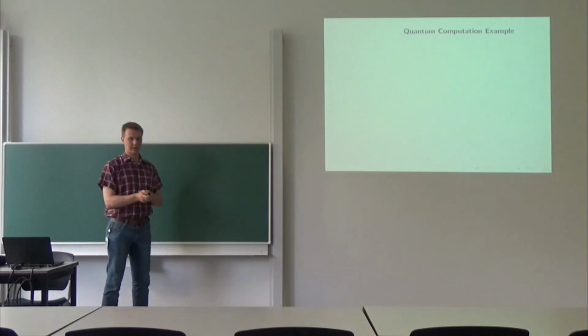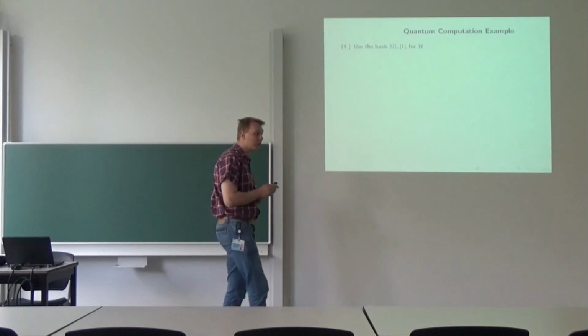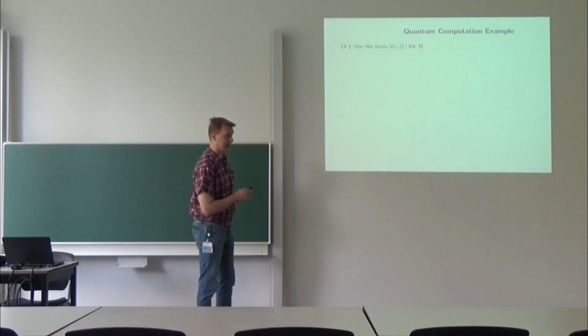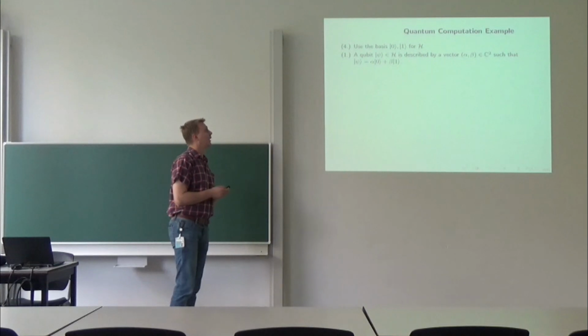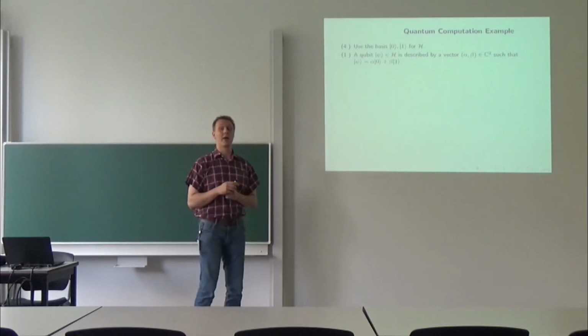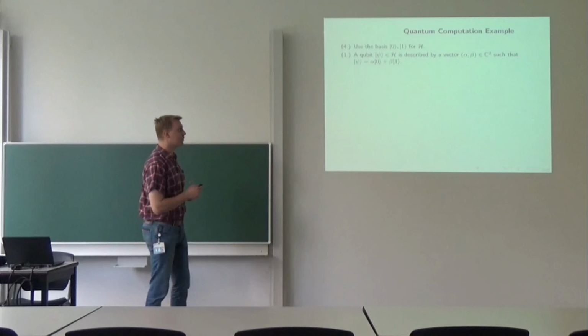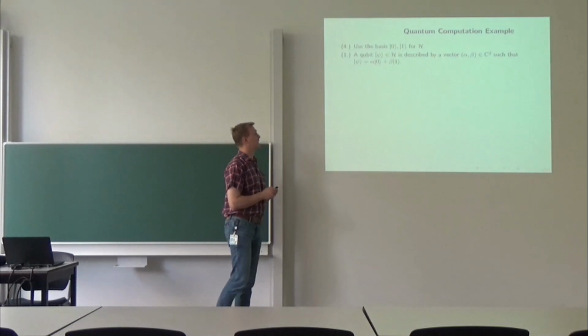So let's have an example. We're going to use a 1-qubit system, which obviously has two basis vectors, 0 and 1. And in order to describe this system in full, we require two complex numbers, alpha and beta, such that their length is 1.